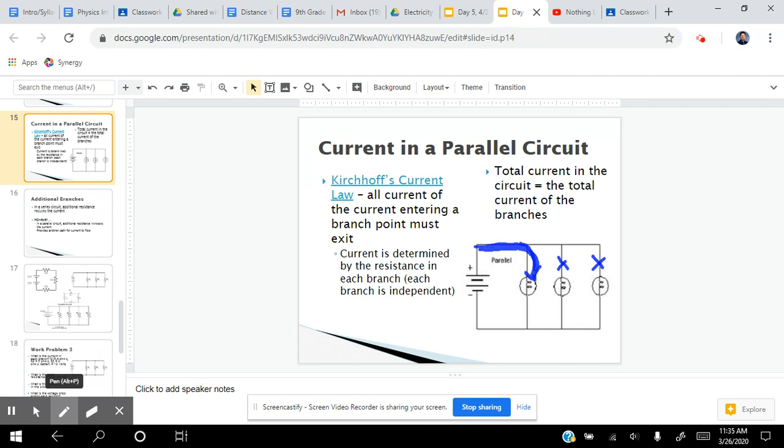So the current, or the flow of people going through the register, is going to be relatively low. Now if you open up this register, there's another path for people to check out their groceries. You're going to increase the flow of people, just like in electricity, you're going to increase the flow of current. And I could do it again. I open up another checkout, and now there's even more current, or flow of people. So that's just a way I like to think about it, and it's what helps me.